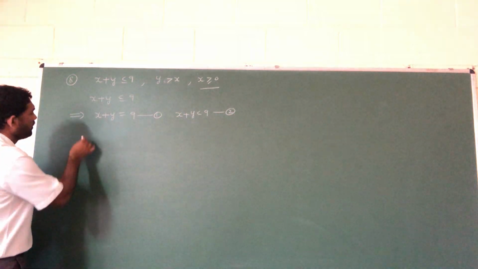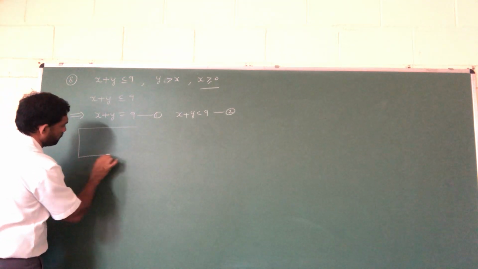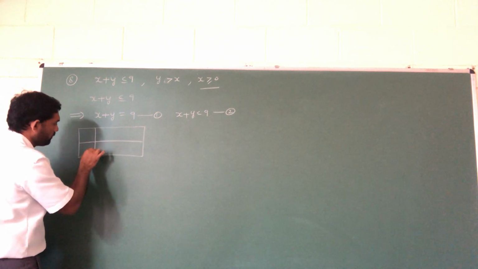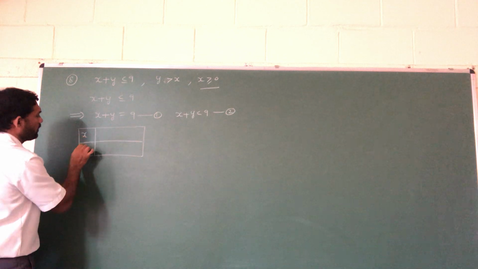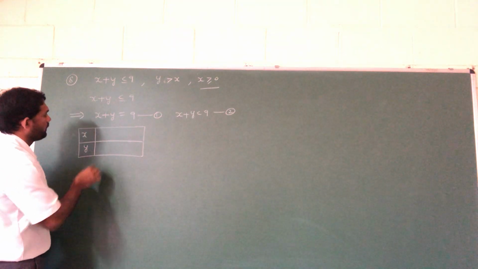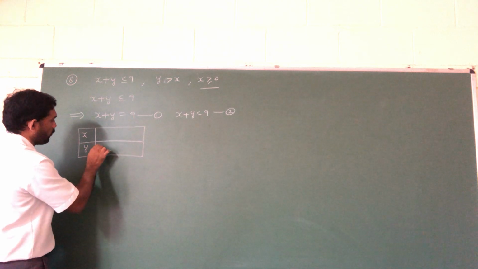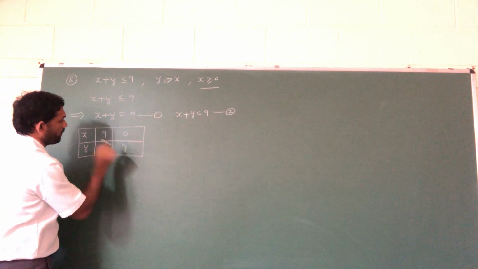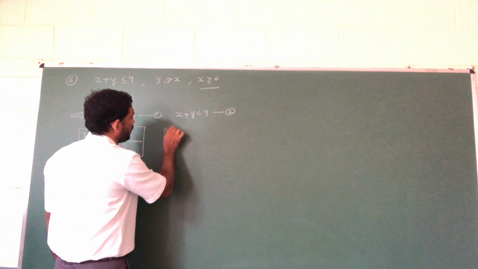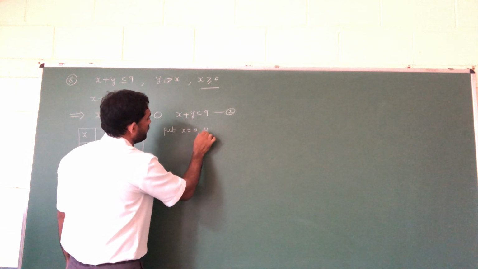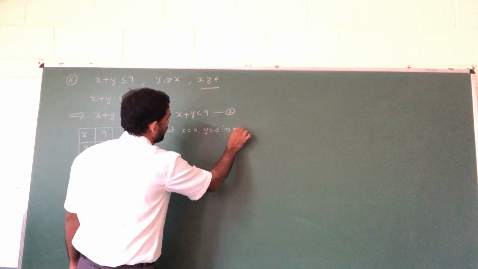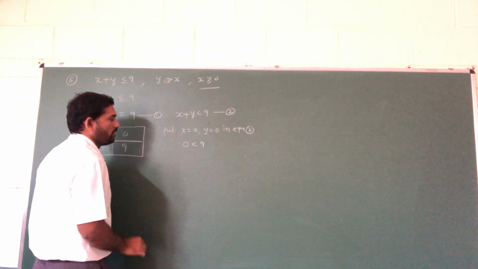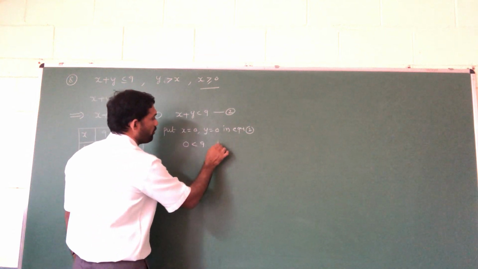You take a table for this: x, y. Y is equal to 0, x is equal to 0, so 9. Put x equal to 0, y equal to 0 in equation number 2. So what happens? This is 0 less than 9. It is true.